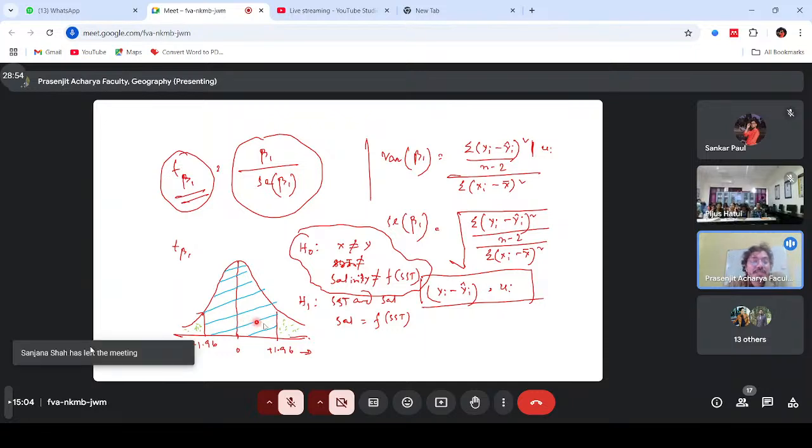But we have 5% area, 2.5% on the right-hand side and 2.5% on the left-hand side, which suggests that if your t value falls in these two areas, we can say that there is a significant effect of literacy on fertility.